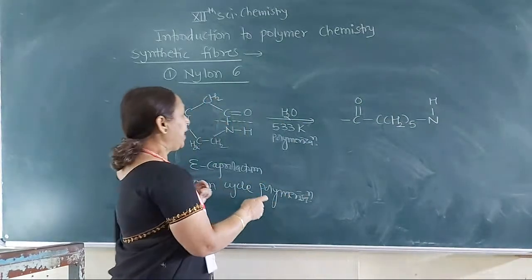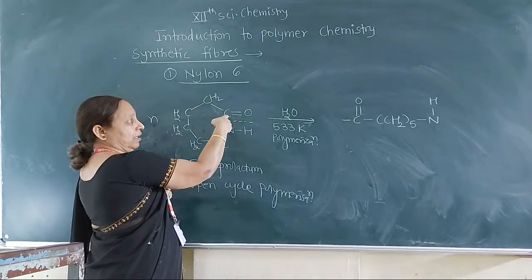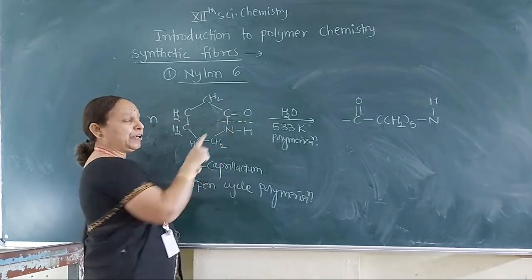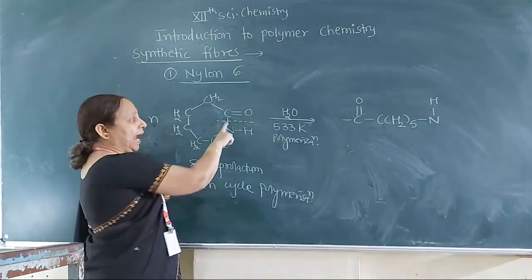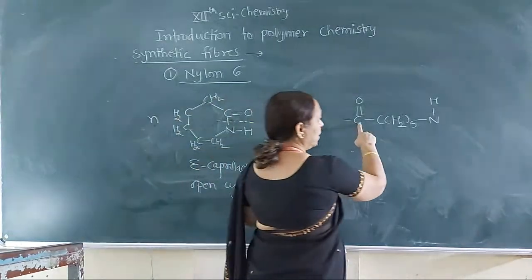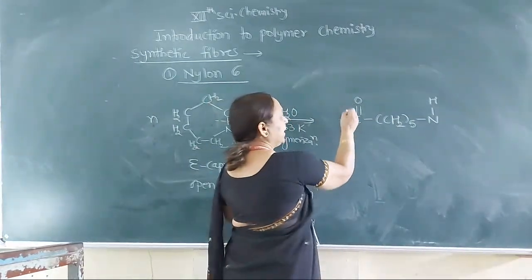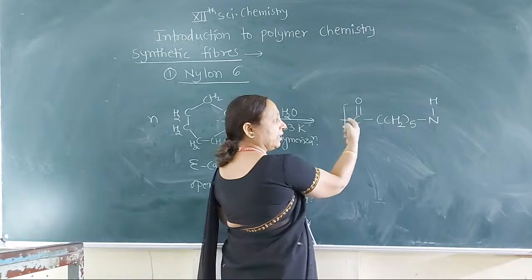And thus, when this cyclic structure breaks, carbon and nitrogen separate, and these two groups are at the ends of this chain, and thus there is linking.